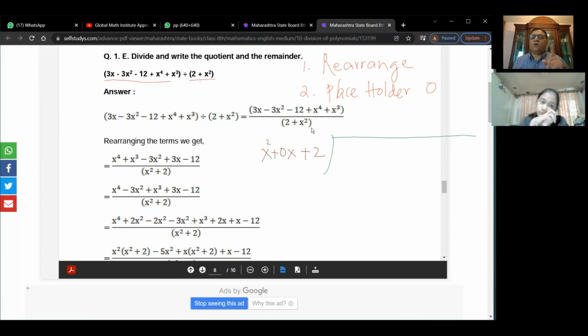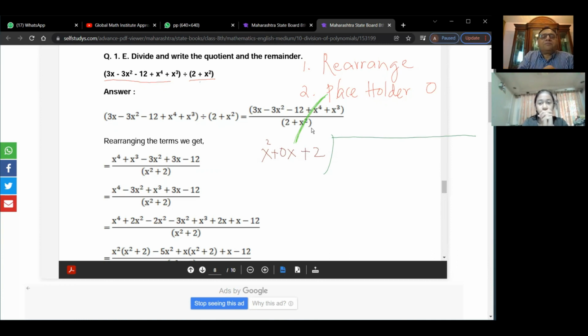We have to write all the terms. The term which is missing is multiplied with 0, because 0 times anything is 0. So we call this the placeholder. You understand this placeholder now? I'll show you how it helps.